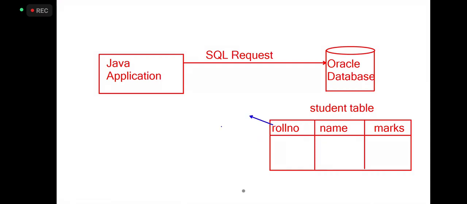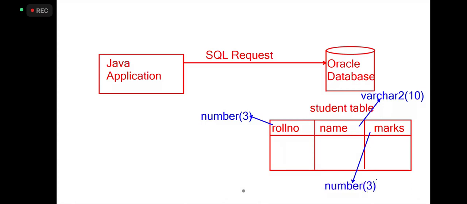Suppose roll number type is required: Number, with how many digits? Suppose 3 digits maximum. Name is an Oracle data type, varchar2, 10 characters. Okay, marks, again Number. Number 3 I'll write. Then the query is executed, the table is created, and a response comes.